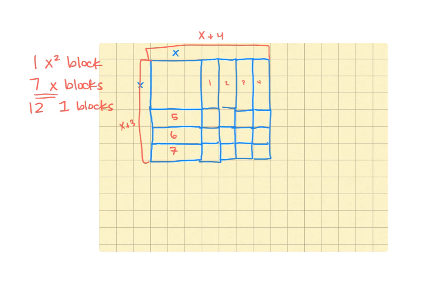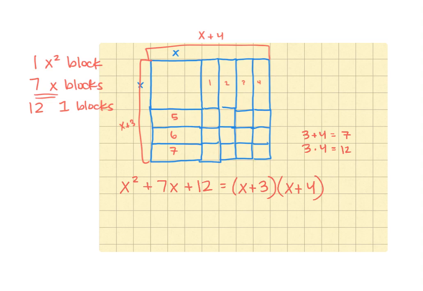And then in here we have the 12 1 blocks, which is also what we needed. So we can say that X squared plus 7X plus 12 equals X plus 3 times X plus 4, because 3 plus 4 equals 7 and 3 times 4 equals 12.